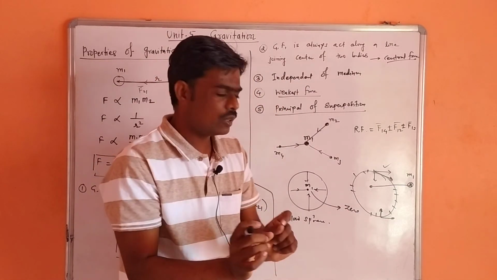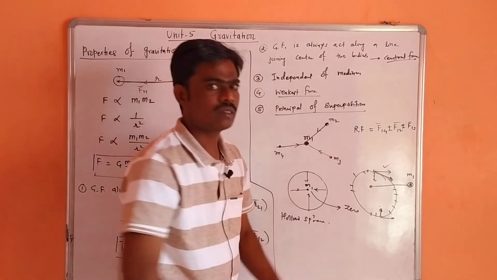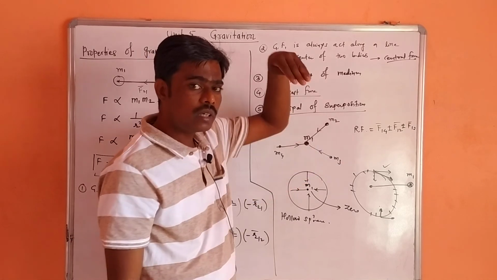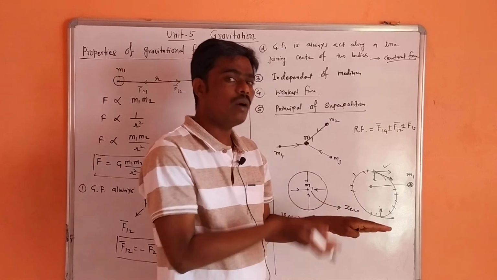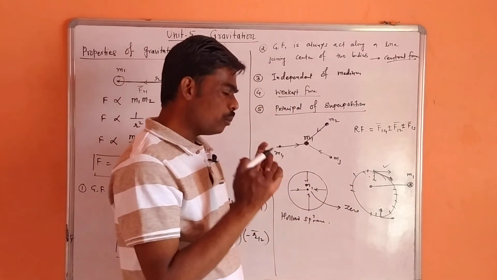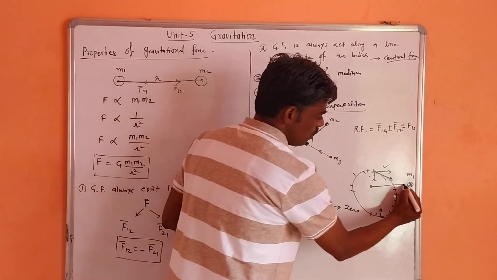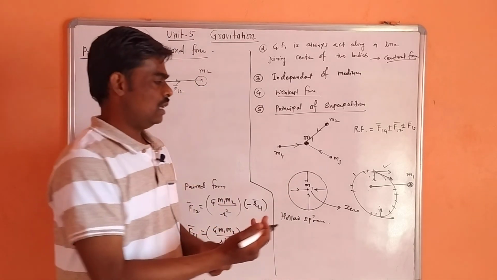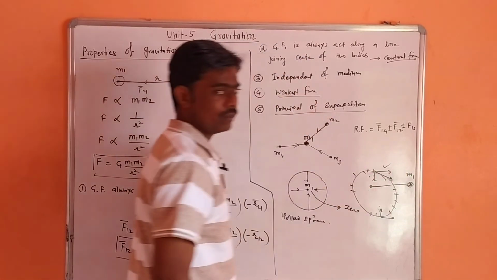On careful observation, you will find that this perpendicular component gets cancelled, because the upper region will produce a perpendicular component in the downward direction and the lower region will produce a perpendicular component in the upward direction. So they will cancel each other, and the component along the line joining the center of this hollow sphere and the point remains unbalanced, and that will produce the resultant gravitational force on this mass m1.